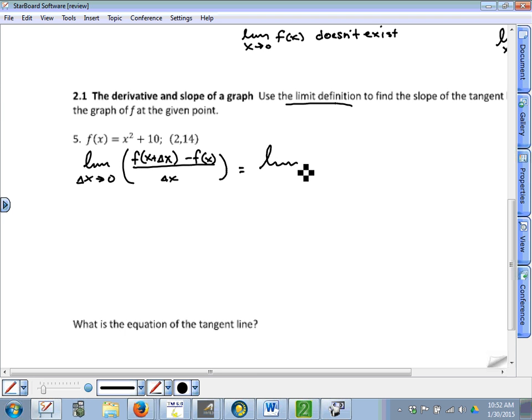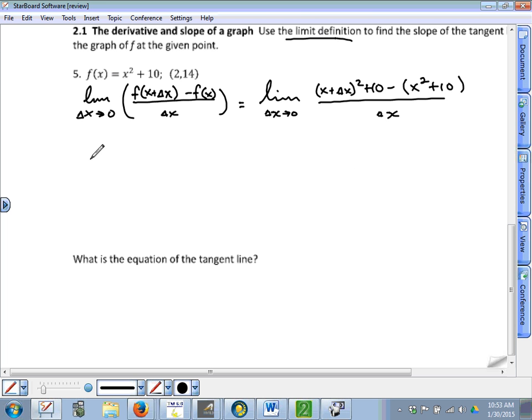So we're going to have a delta x on the bottom, and we're subtracting the function over here, and then this side of the numerator is f of x plus delta x, so instead of x squared, that's x plus delta x squared plus 10. Then we have to simplify that.